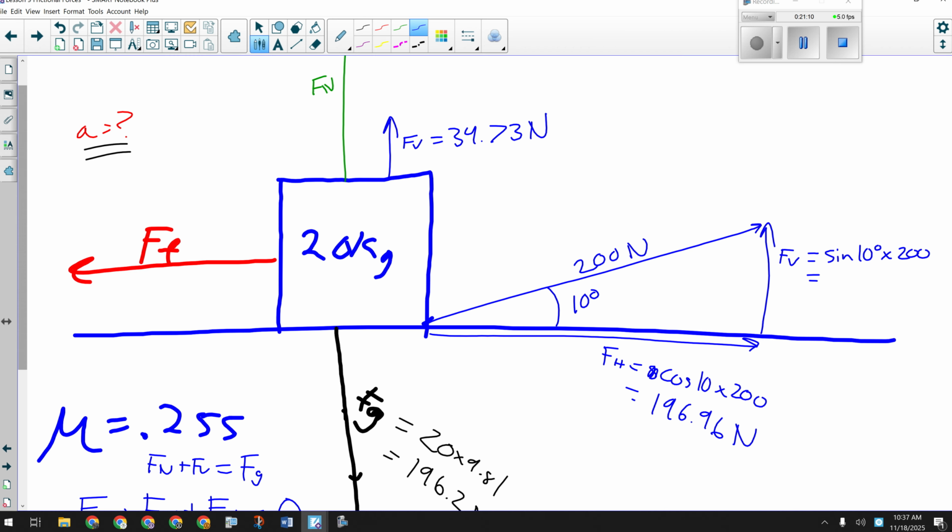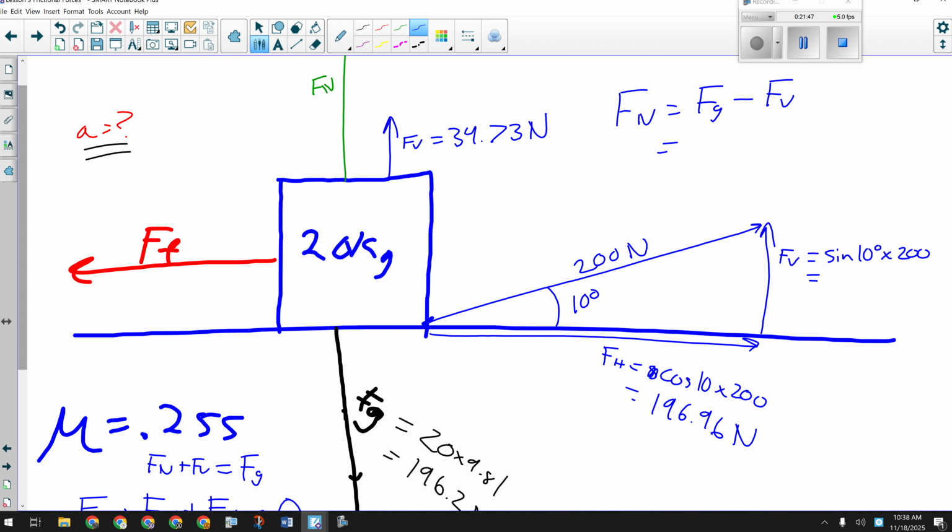Okay, I still don't know what the force of friction is because I don't know what the normal force is. Can I calculate the normal force at this point? I can, because I know that Fn and Fv add up to 196.2. Right? The box isn't moving vertically, so the upward and downward forces have to be equal. So the normal force will be force of gravity minus the force vertical.